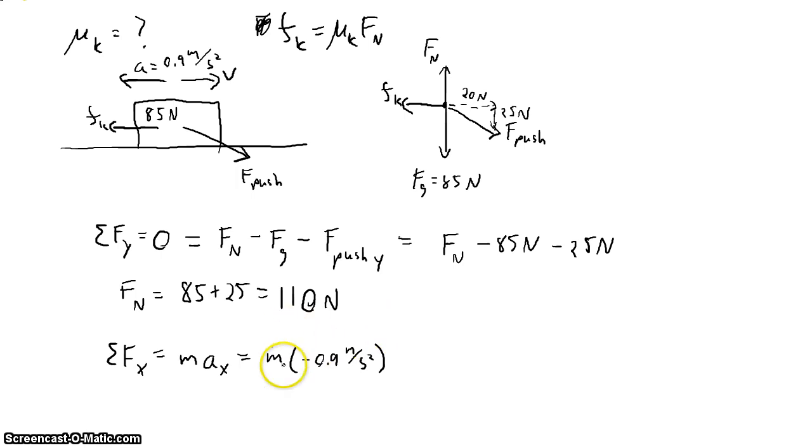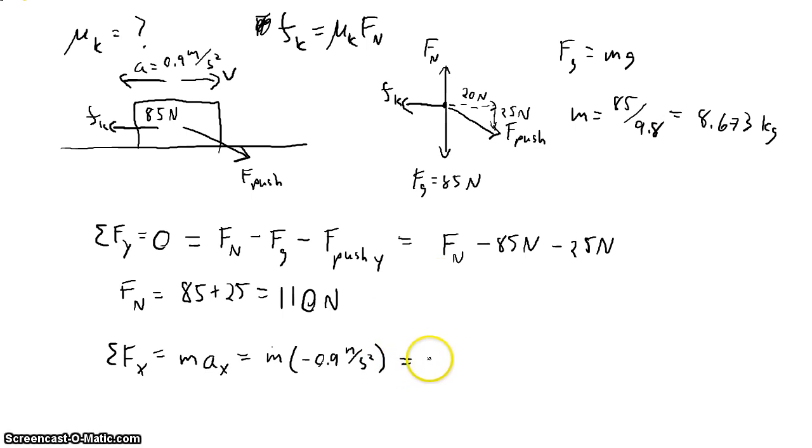So, what is the mass of the box? Well, we can actually find that out because we know the weight. Fg equals mass times the acceleration due to gravity. So mass will be equal to 85 newtons, the total weight, divided by 9.8 meters per second squared. That means that the mass of the box must be 8.673 kilograms.